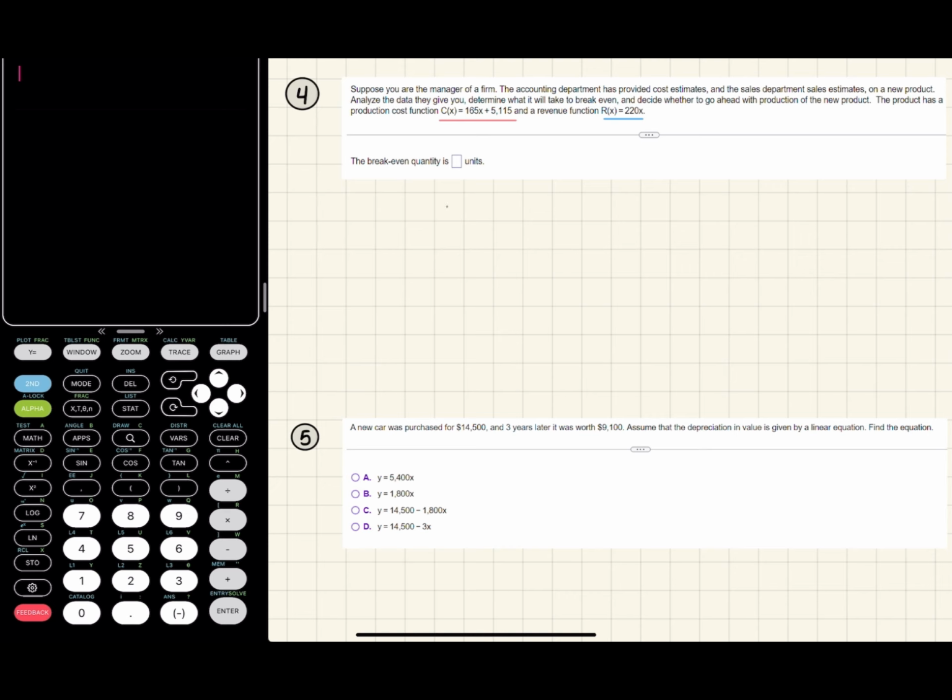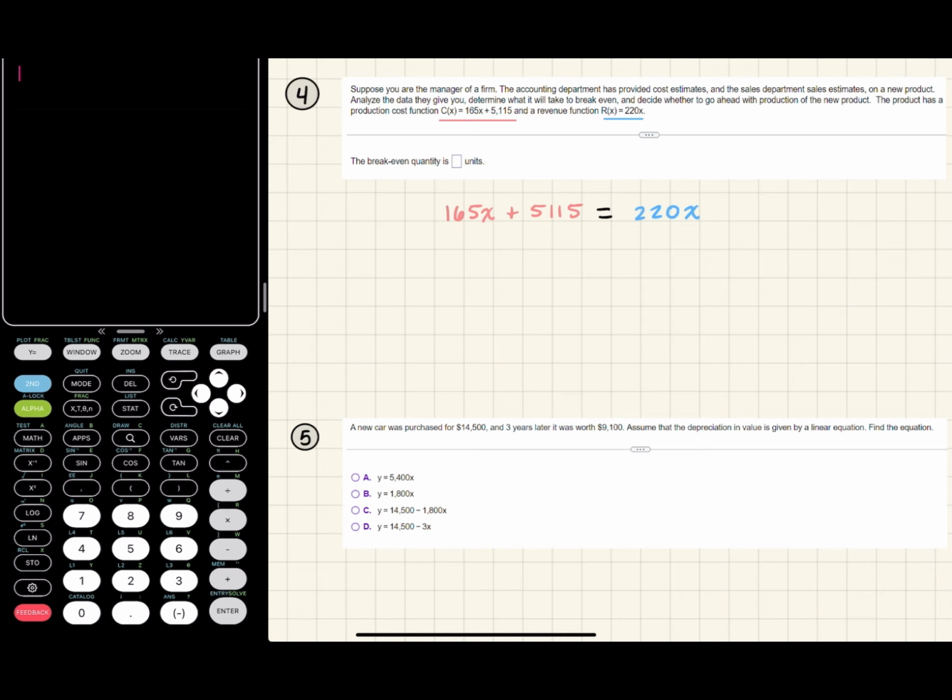we'll set those equal to find the break-even point. So we'll take our cost function, and we'll set that equal to our revenue function. And we'll solve for x here.